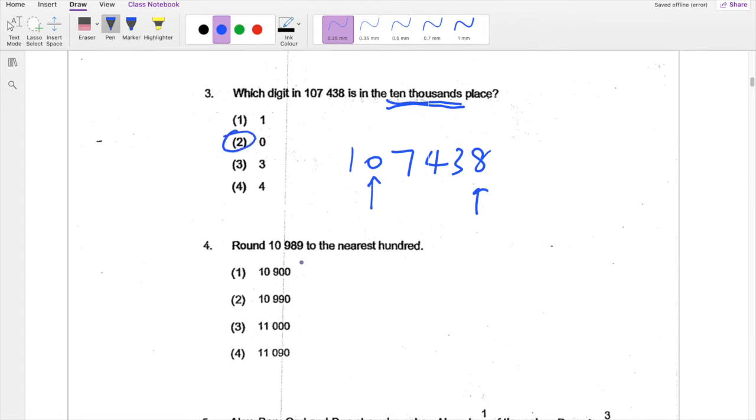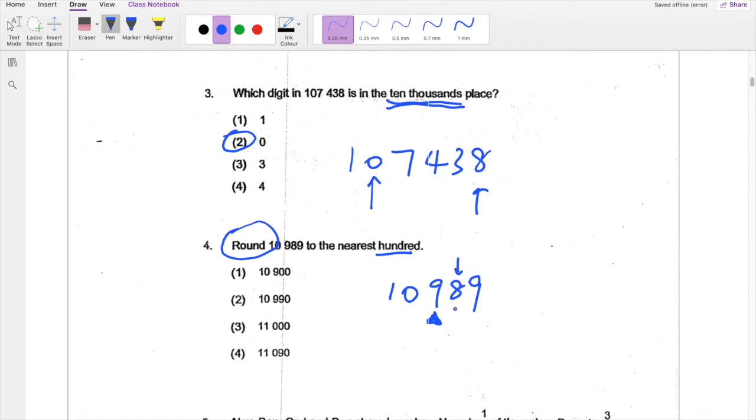Question 4. Round 10,989 to the nearest hundred. So this is a rounding problem, right? Normally we round to one digit up. So we want to round to the 100. The 100 is here, right? So we need to check the next digit after the 100, the tens digit.